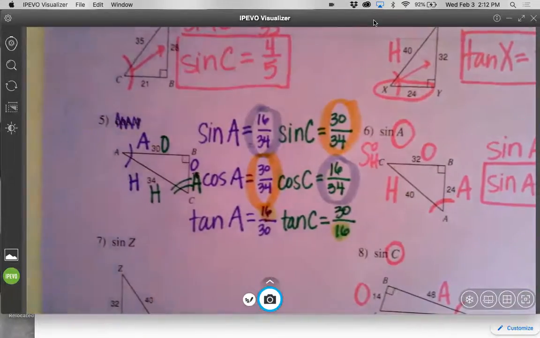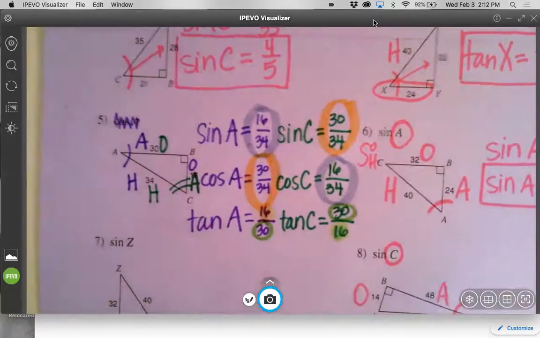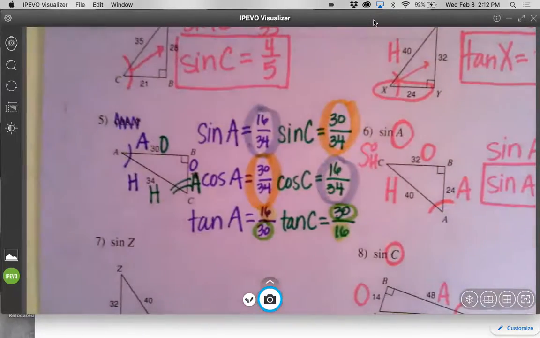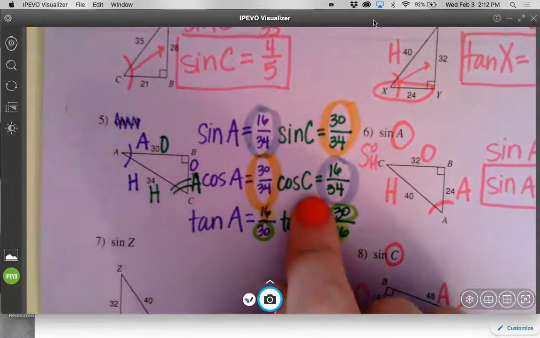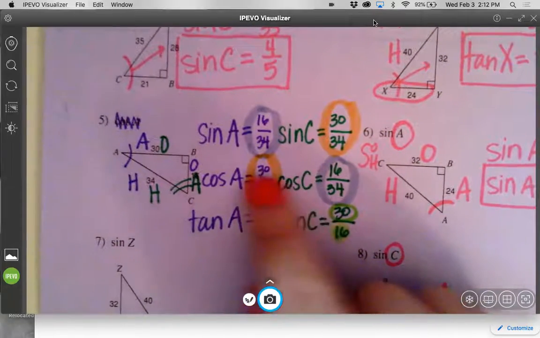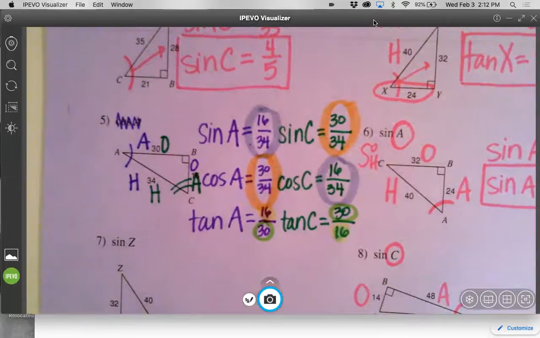And in fact, that's one of the main things that you're supposed to take away from geometry, other than just the sine, cosine, and tangent concepts, is knowing that the sine of one of these angles is going to be equal to the cosine of the other one, and vice versa. The sine of this one, the cosine of that one. And that's because those two angles are complementary angles.